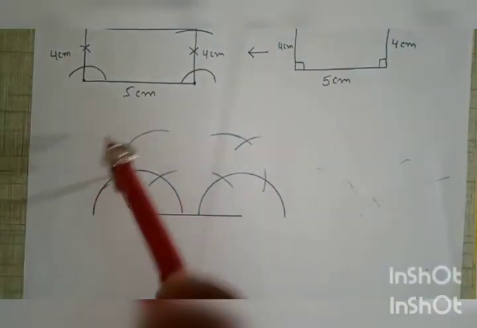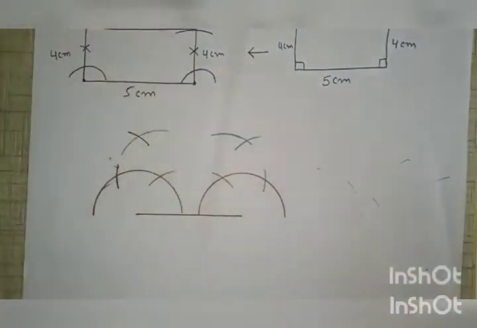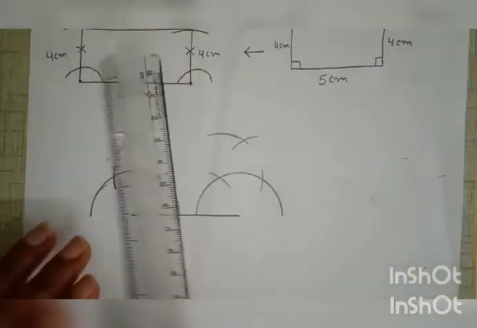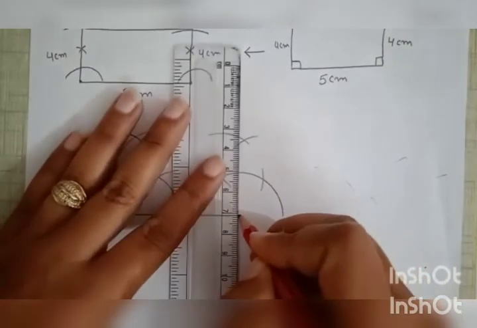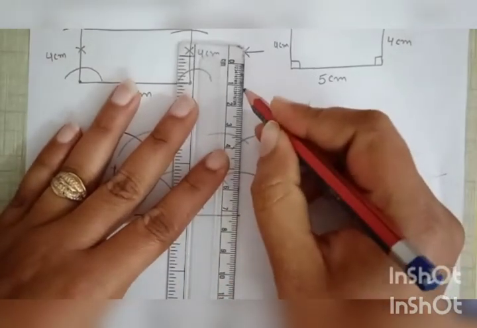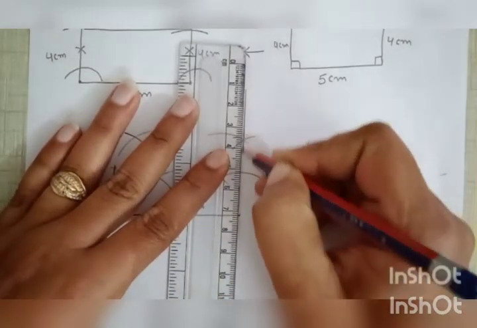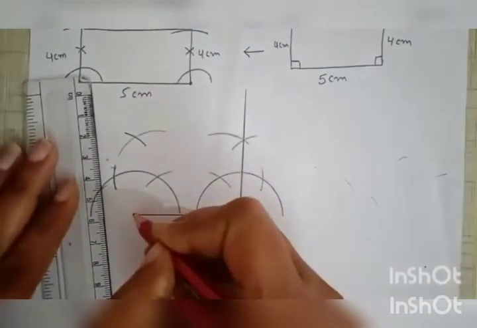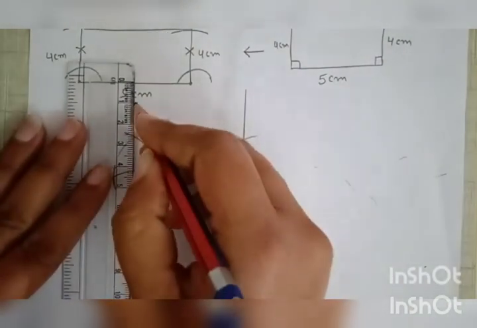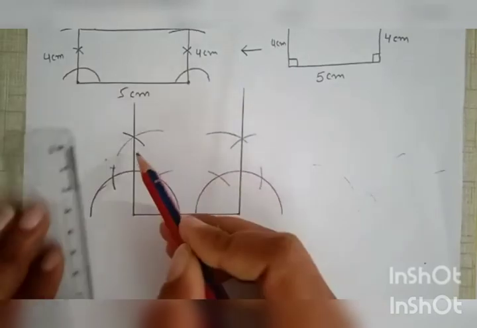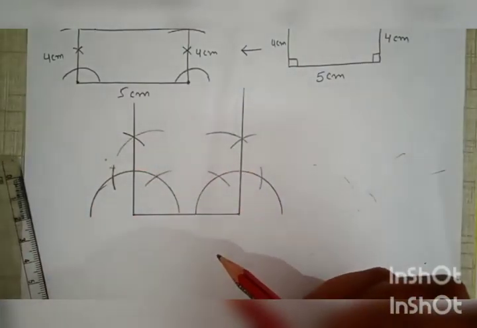From 60 draw one arc and from 120 cut that arc. Now you have to just join them. Let's join. Here also join. Be sure that the line should pass through their point of intersection.